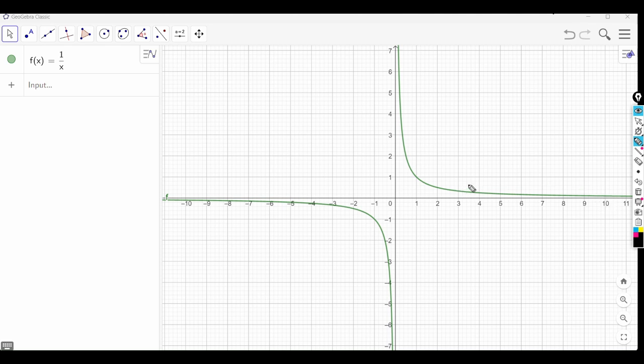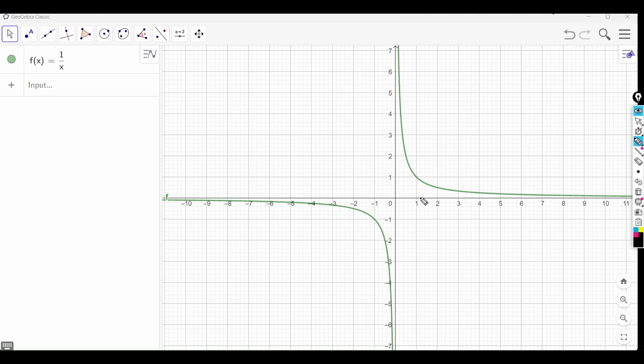Now, when x is positive and x gets smaller, now all of a sudden we have 1 over some really small number. That's big. So like 1 divided by 0.00001, that's going to be a bigger and bigger number.